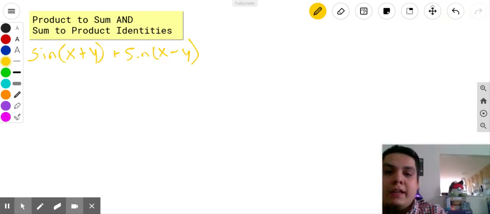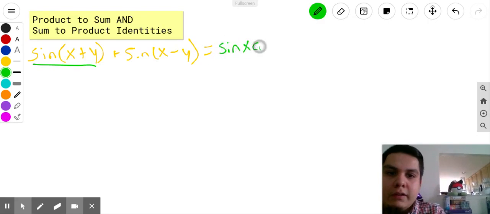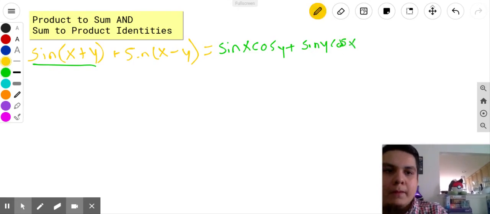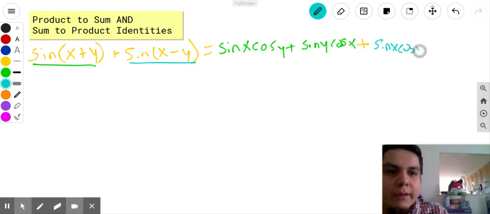So I can rewrite this as, for this part, sine of x cosine y plus sine y cosine x, plus, and this one I'll make it that, sine x cosine y.